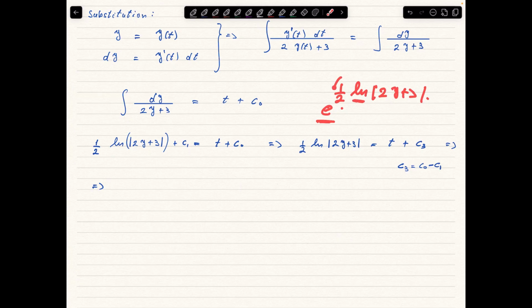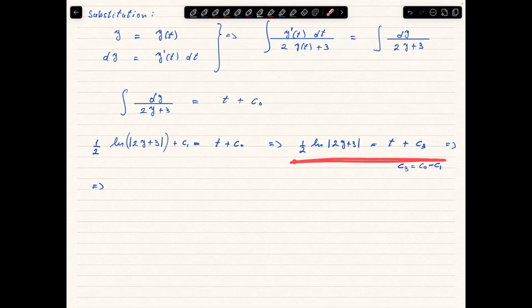We need to get rid of this factor, and one way to do it, before computing exponentials, is to multiply the whole equation by 2. If we do that, we are going to have the natural log of the absolute value of 2y plus 3, and here we are going to have 2t plus a constant C4.